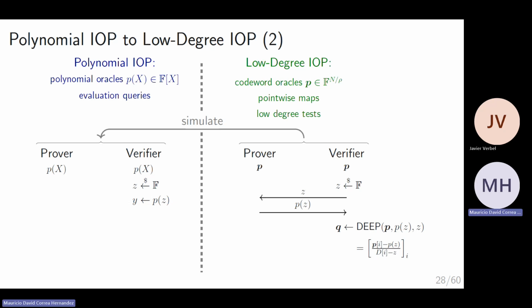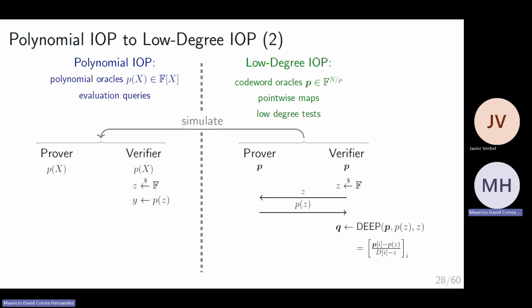And so this map is exactly: we subtract the value at Z and we divide by the zerofier at Z. Note that d_i is the ith domain point, which you can think of as the evaluation of x minus z in the ith domain point.